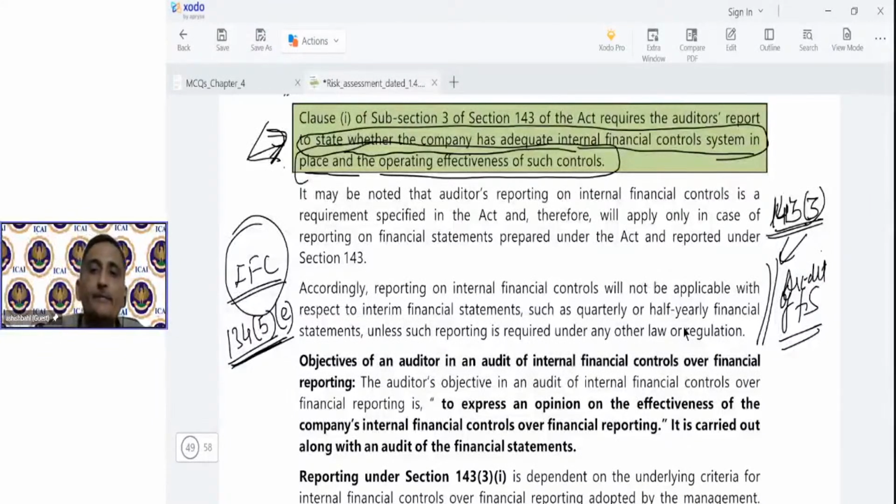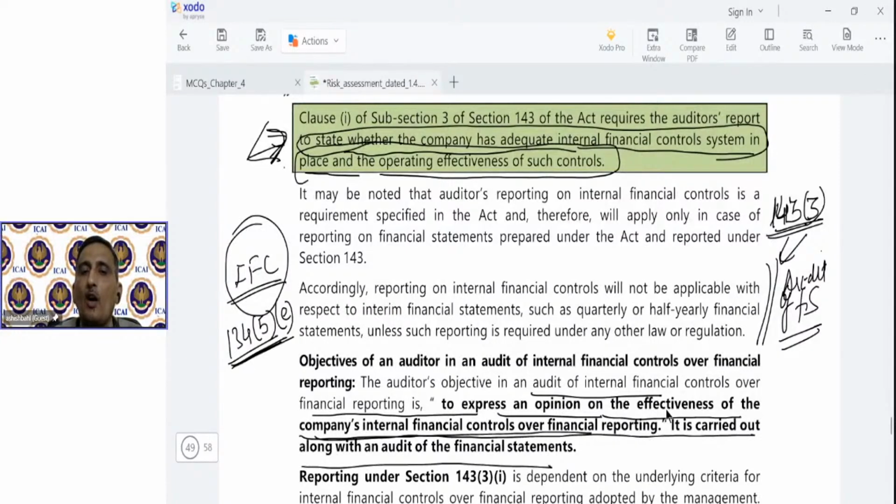Okay. So the auditor's objective in an audit of internal financial control over financial reporting is to express an opinion on the effectiveness of company's internal financial control over financial reporting. It is carried out along with the audit of the financial statements.